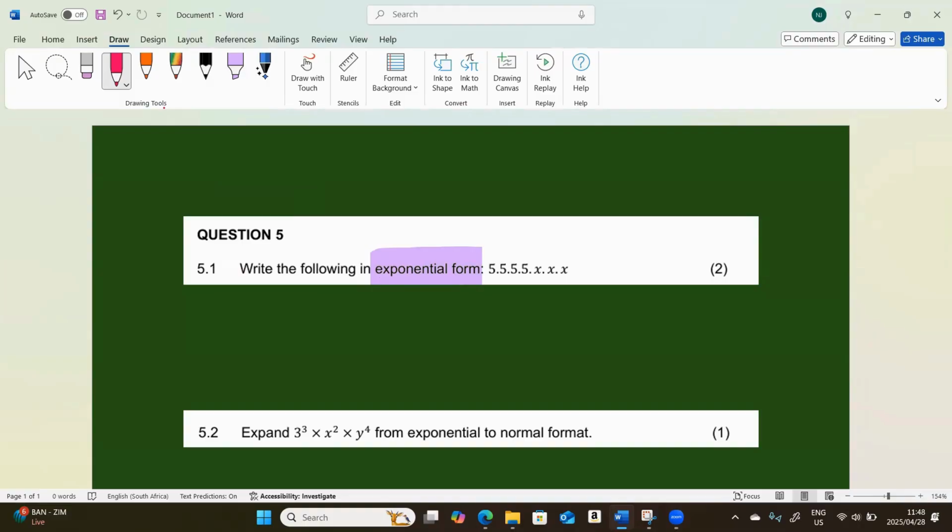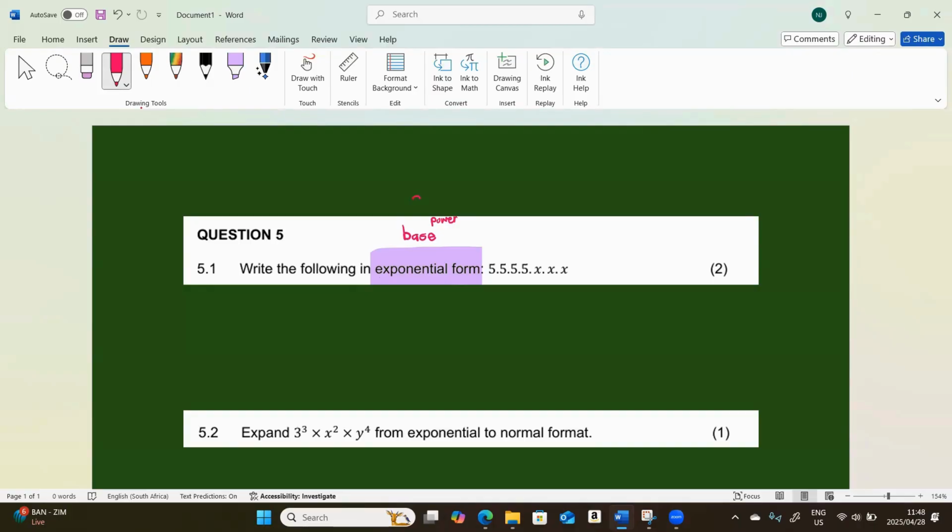It needs a specific base, and that is usually whatever is being multiplied by itself. Then we raise it to a specific power. So it has a base and its power.